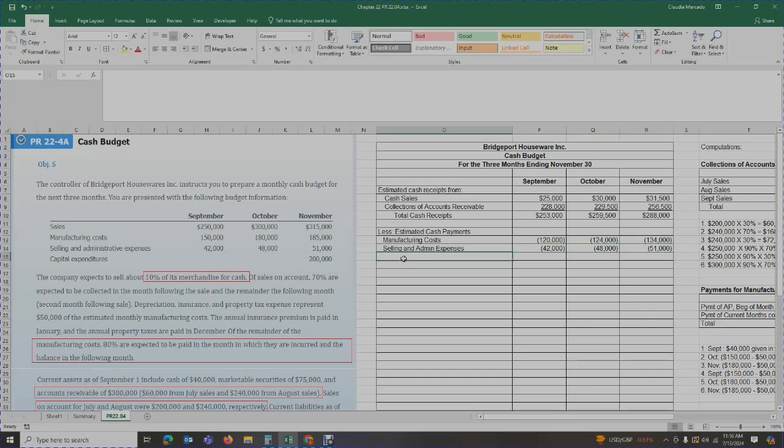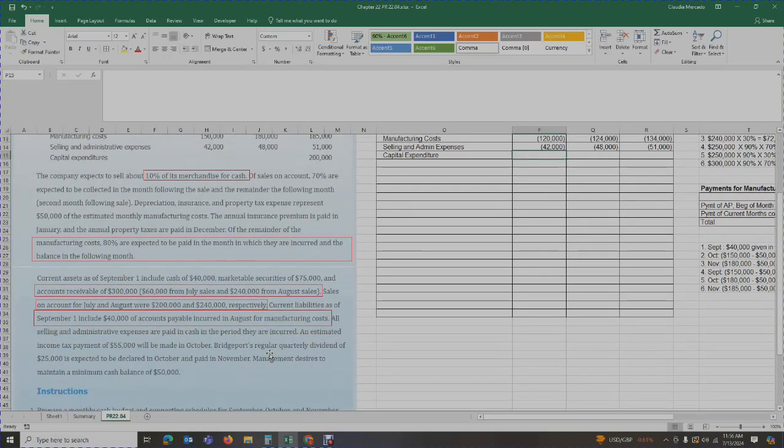What else do we have? Well, the problem says we have a capital expenditure. If you read at this bottom section, let's locate the information.